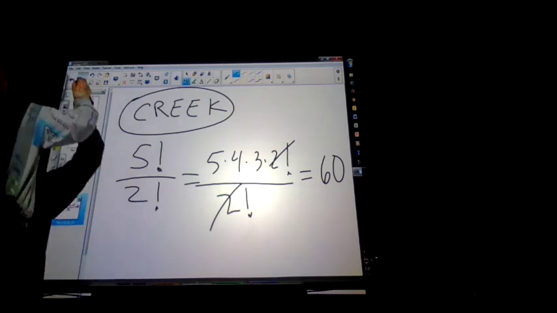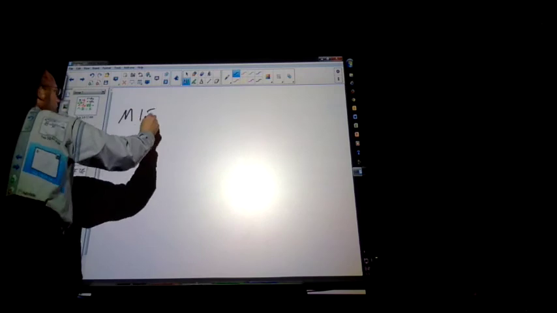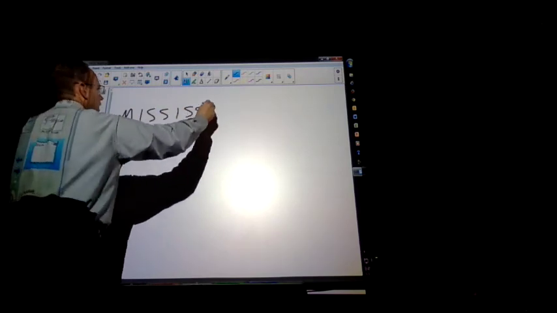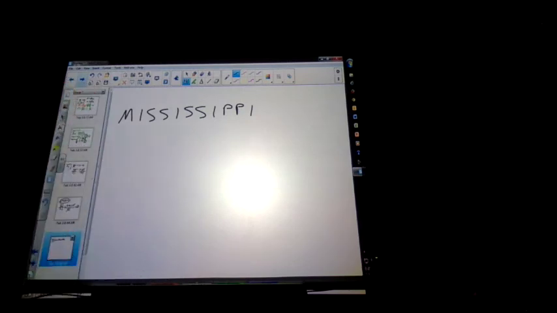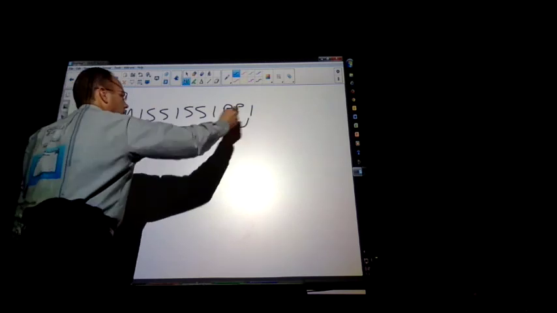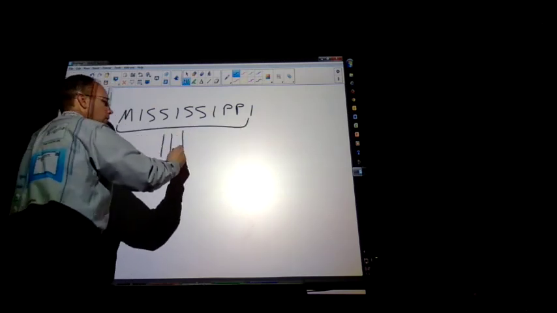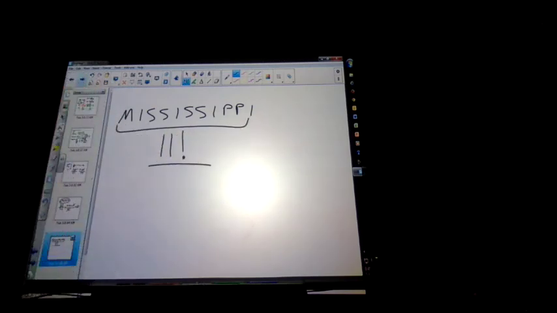Last example. M-I-S-S-I-S-S-I-P-P-I. How many total letters are up there? 11? I have 11 total letters here. So I have 11 factorial. Does M repeat?